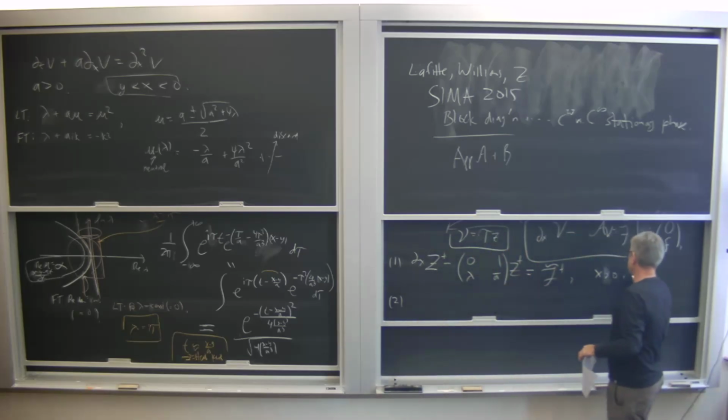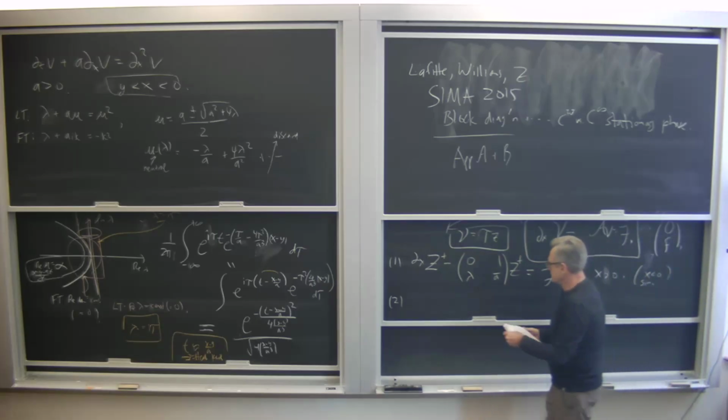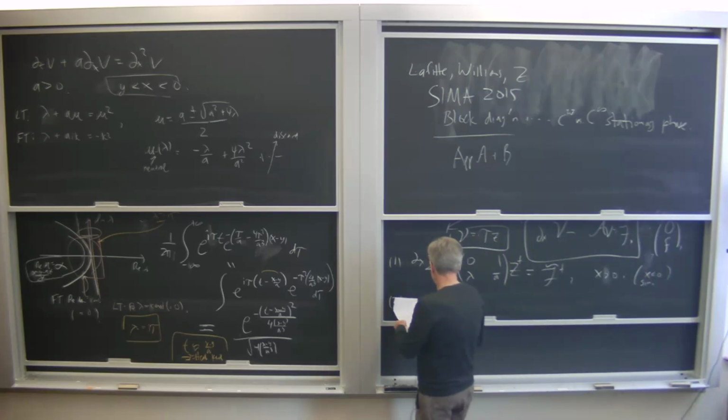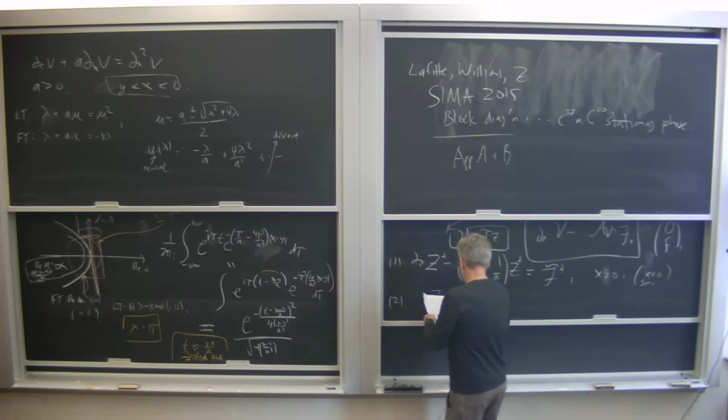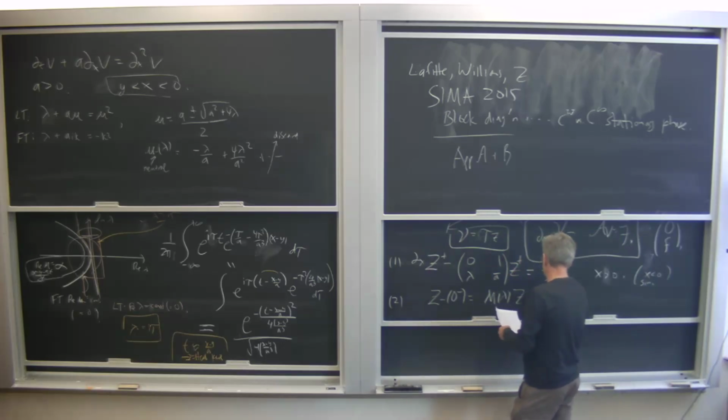This is for x positive and x negative similarly. And then we have z minus of 0 minus is capital M of lambda z at 0 plus. And here M was T minus inverse T plus.